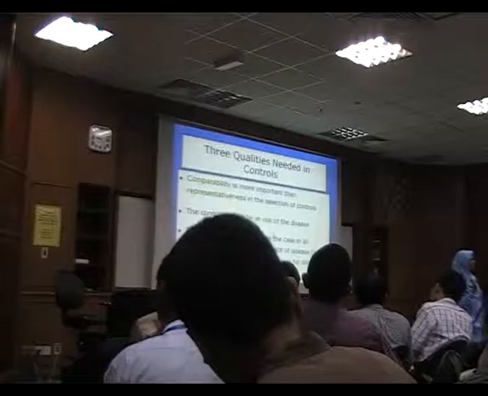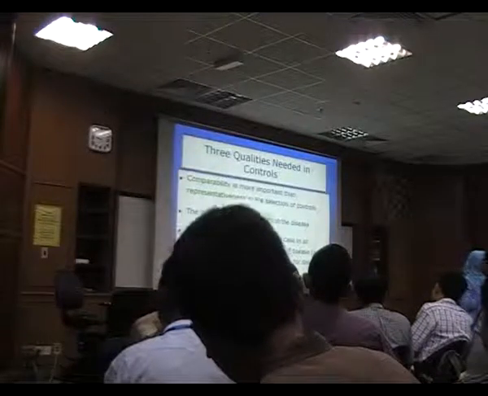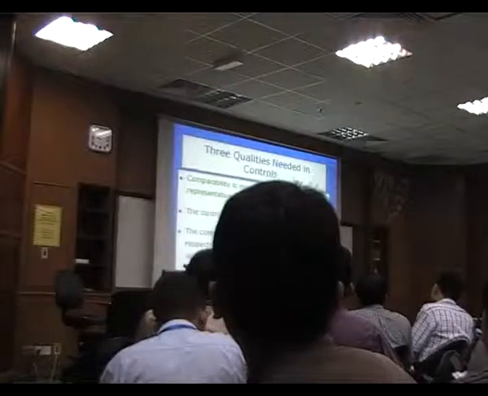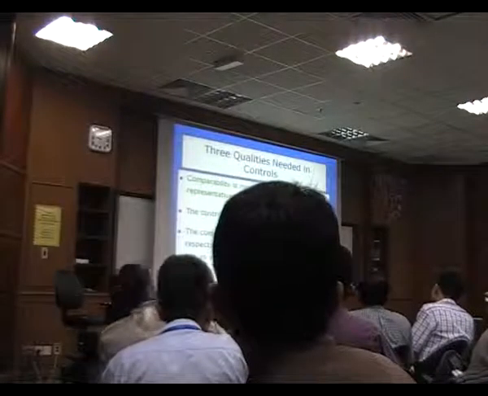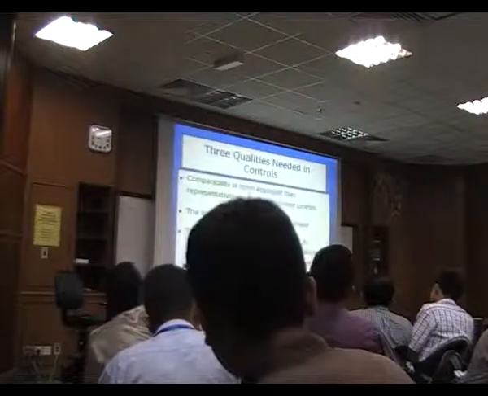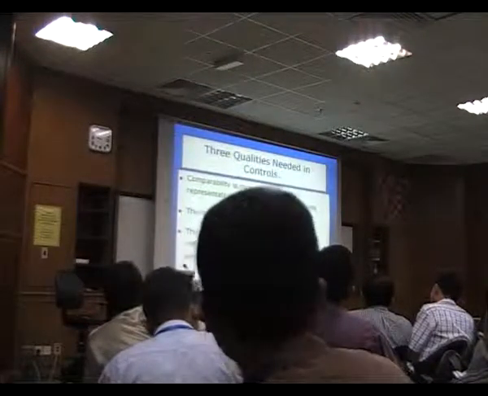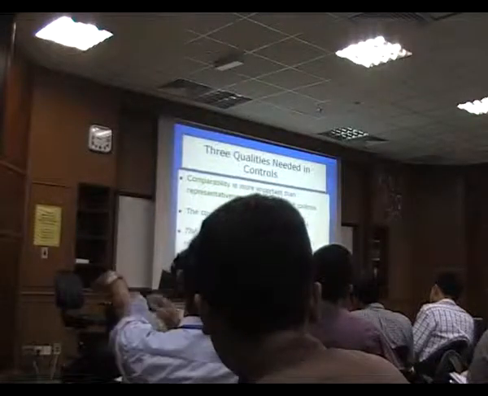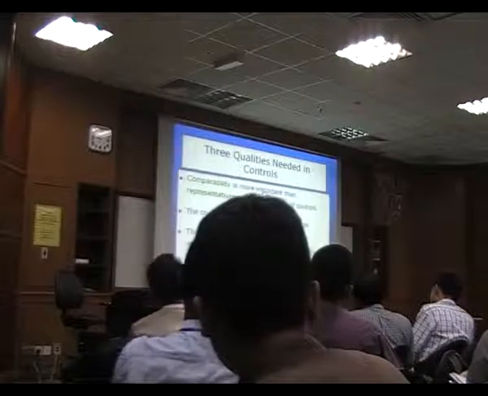Easy, very easy. But you have to remember certain points. Representative means the number. For instance, if you select 50 cases, you have to select 50 controls. Comparability is important rather than representativeness.